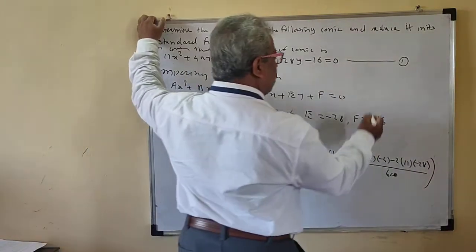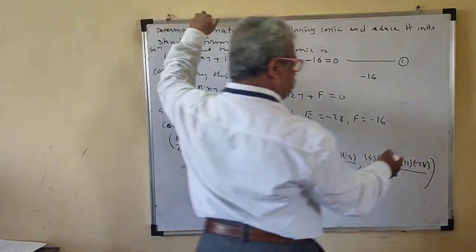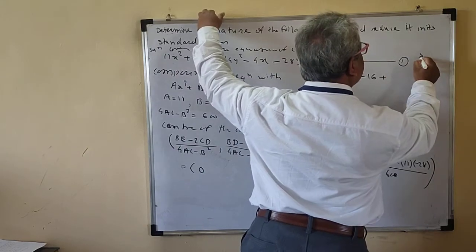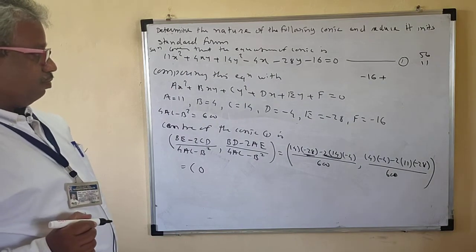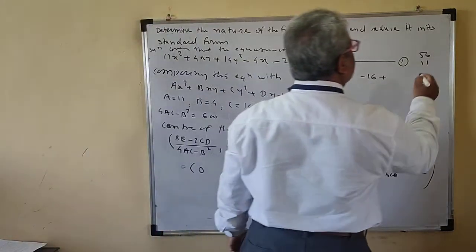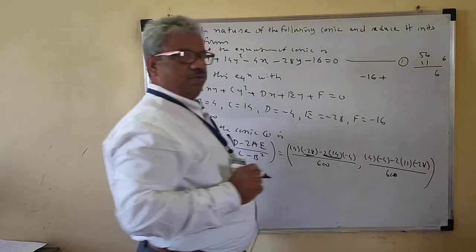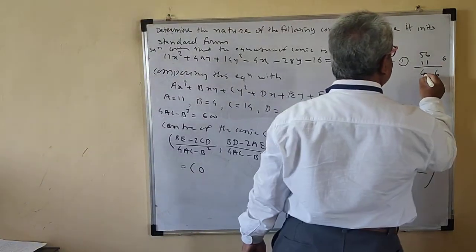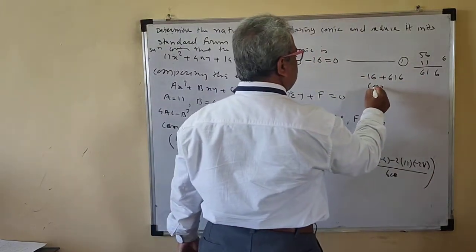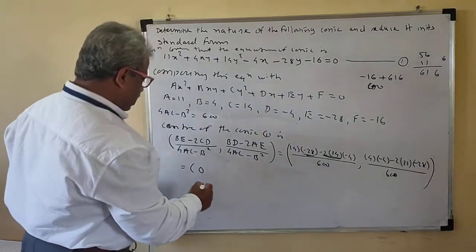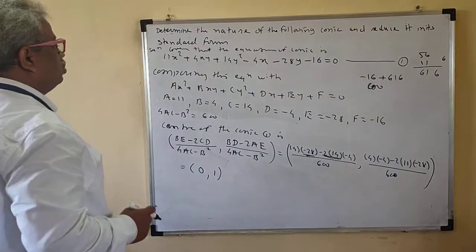Now the other one is minus 16 plus 56 into 11 plus 56 into 11, that is 616, minus 16, which is 600. So 600 upon 600 is 1. So the center is 0, 1.